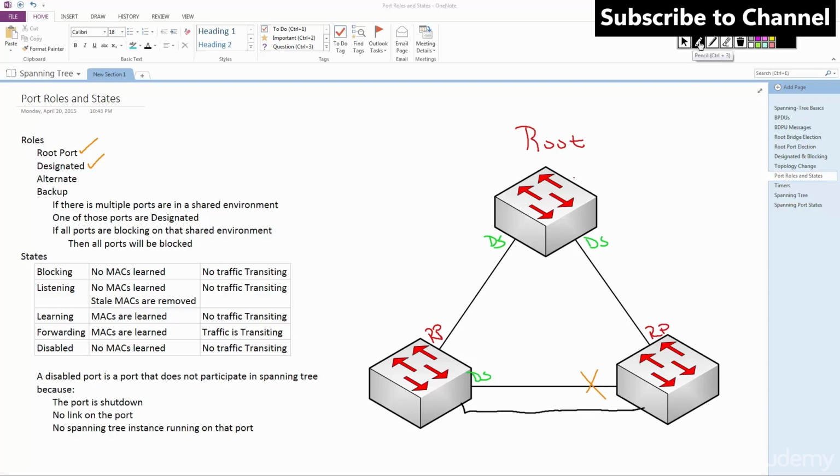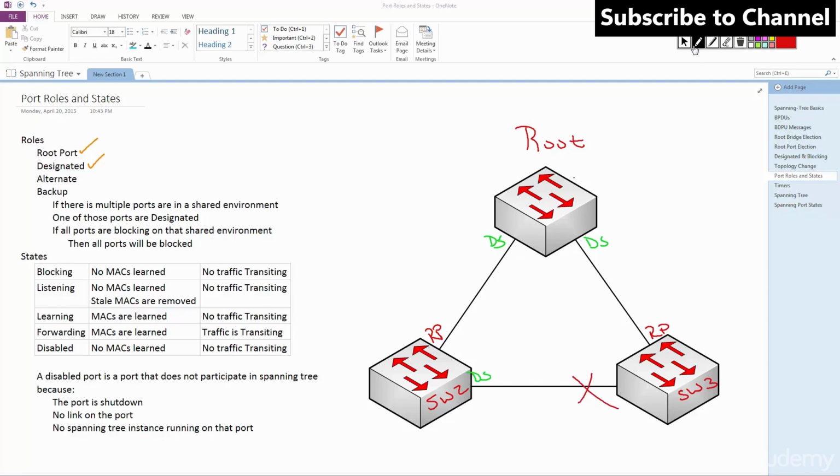Now remember our election. We have to figure out who's going to be designated, and that's based on the lowest bridge ID number. If I was plugged into a shared environment and had two links going over to this particular switch here, which actually, you know what? We're going to have to draw this a different way because we're going to be seeing these as switches.